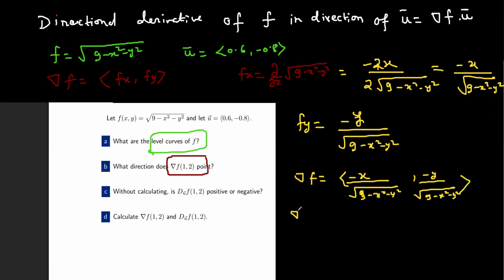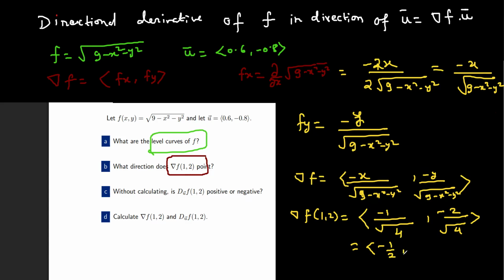Now at the point (1, 2), put x equals 1 and y equals 2. When you put it in, you get 9 minus 1 is 8, 8 minus 4 is 4, so minus 1 over 2, comma, minus 1 over 2.